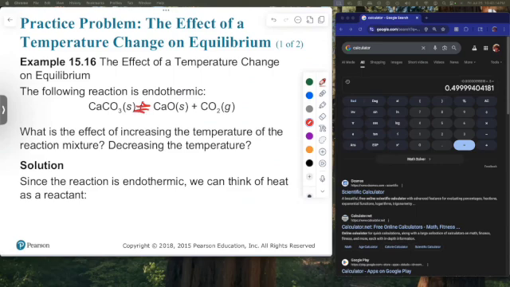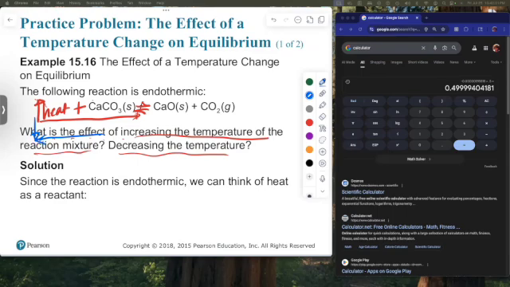Once again, here we're told the following reaction is endothermic. Add the heat to the reactant side. What is the effect of increasing the temperature? You increase heat, it shifts to the right. Decreasing the temperature: you decrease heat, it shifts towards the decrease, left.